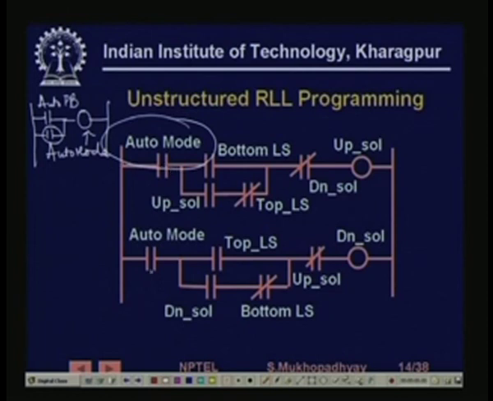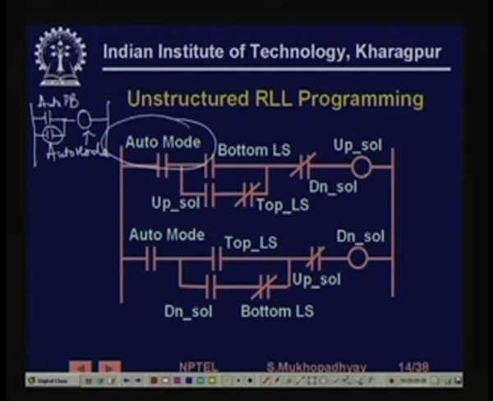If this auto mode is on, everything will work only then, and if the bottom limit switch is made and the down solenoid is not on, then the up solenoid will be energized.